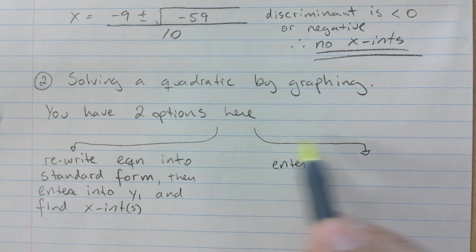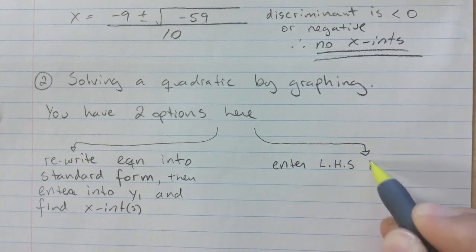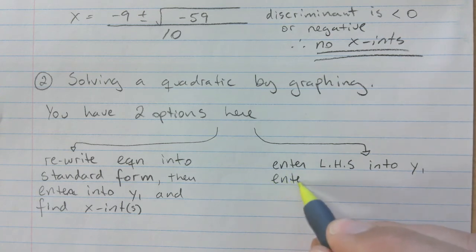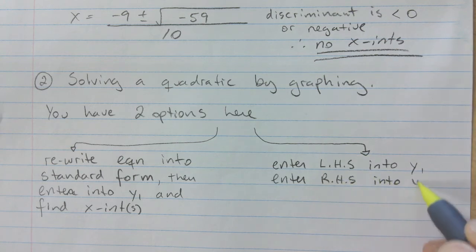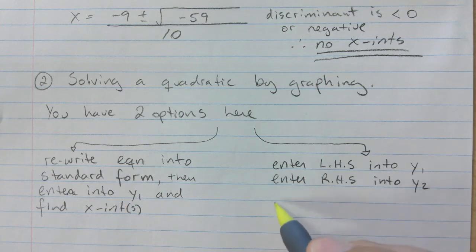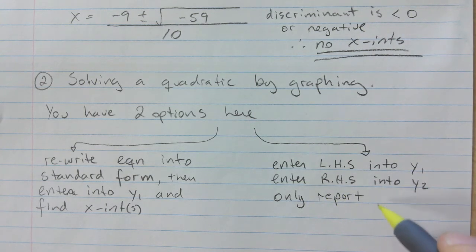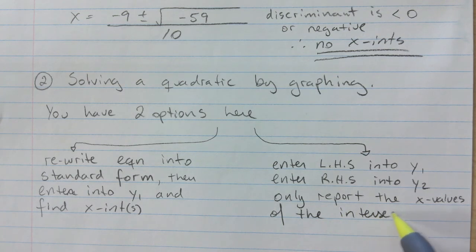The second option you have is enter the left-hand side into y1, enter the right-hand side into y2, only report the x values of the intersections.